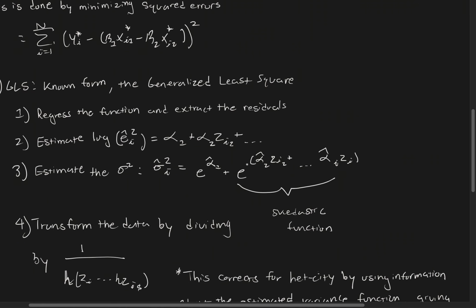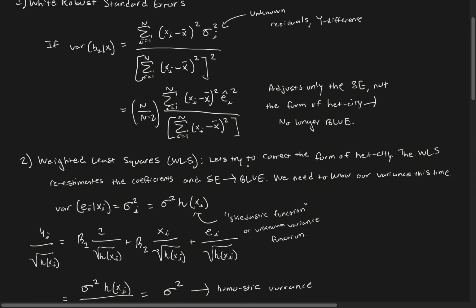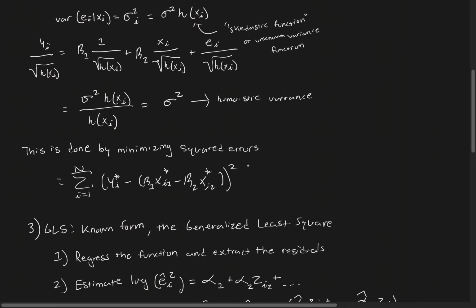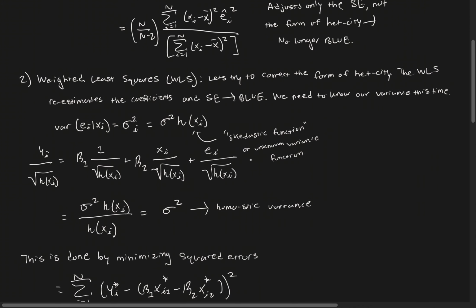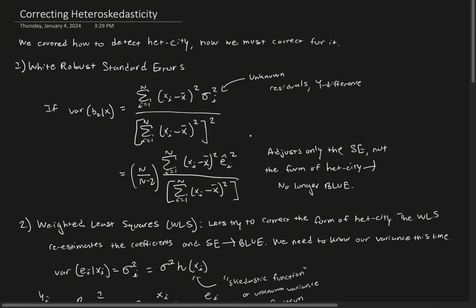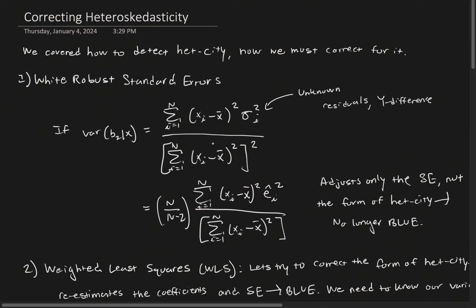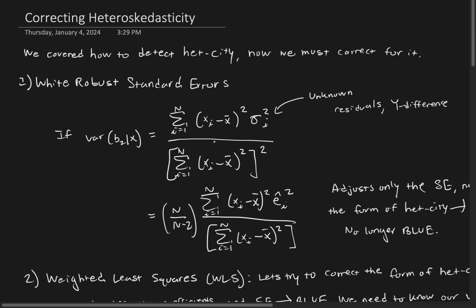This video didn't have any examples, nor was it algebraically explicit, but it's an overview of the different types of corrections we can do for heteroskedasticity. Remember that when we have heteroskedasticity, our model is considered unbiased, so we can still use our coefficients in our regression function.